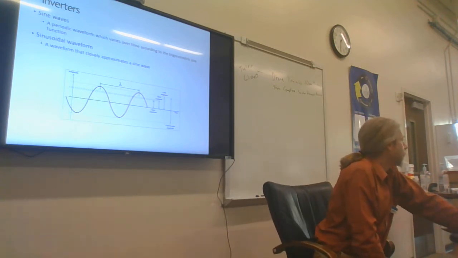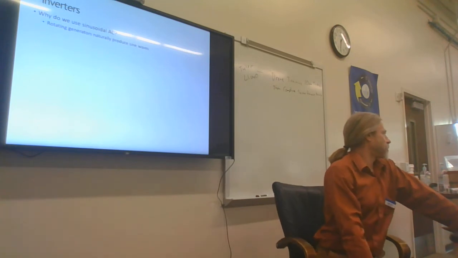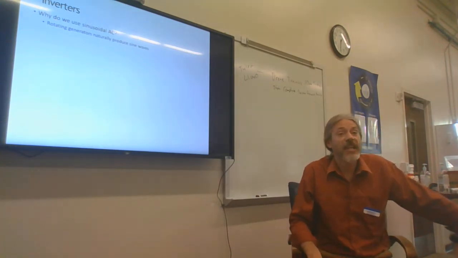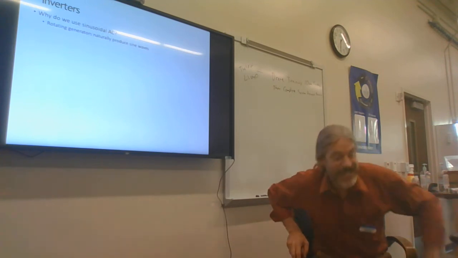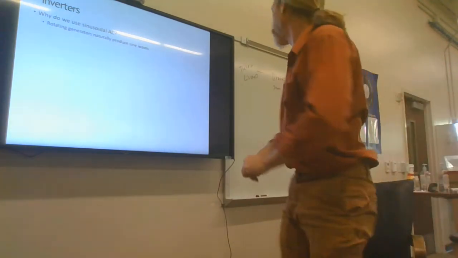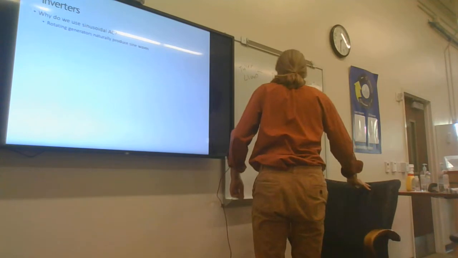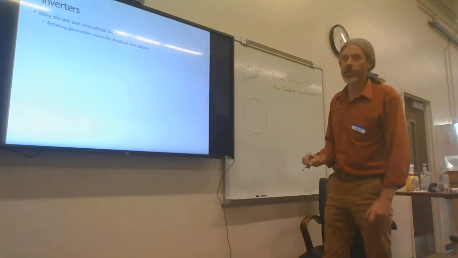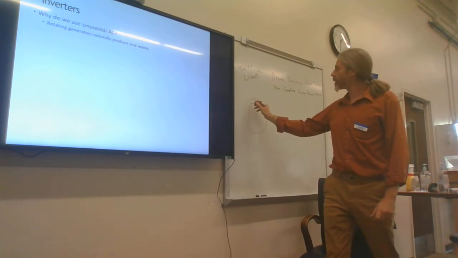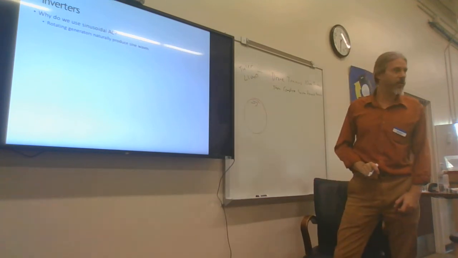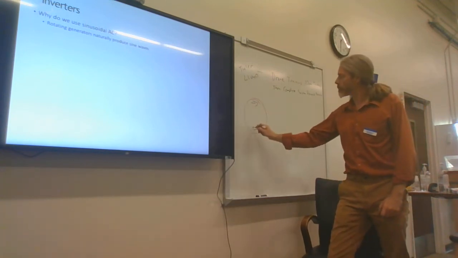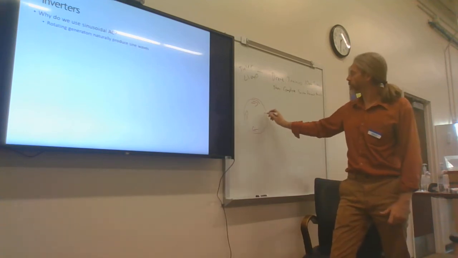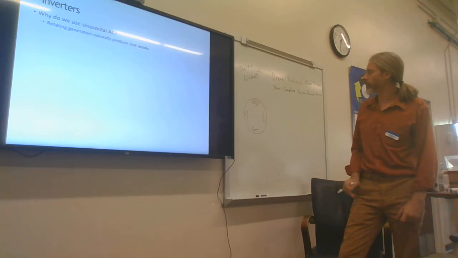Why do we use sinusoidal AC? Well, to start with, that's the type of AC power that we created. All right. And so if I draw a circle on the board that is a representation of a rotational generator, right here my magnets are moving in this direction, right here in this direction, right here in this direction, and right here in this direction.